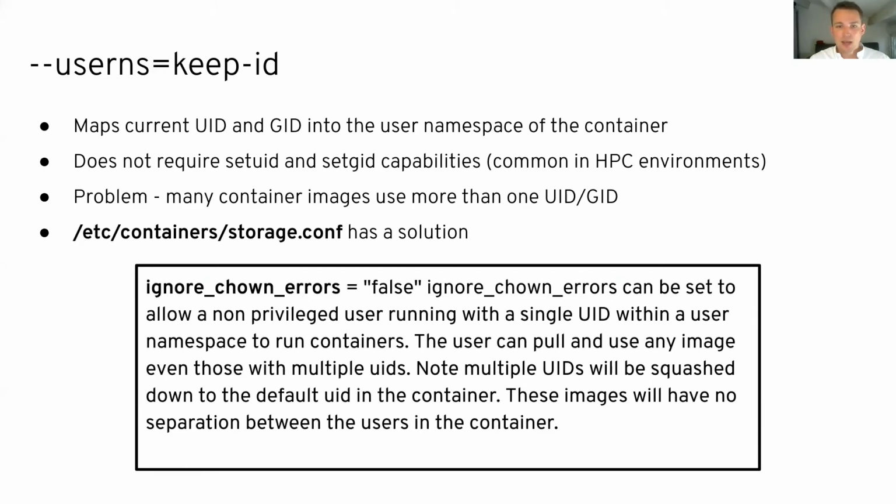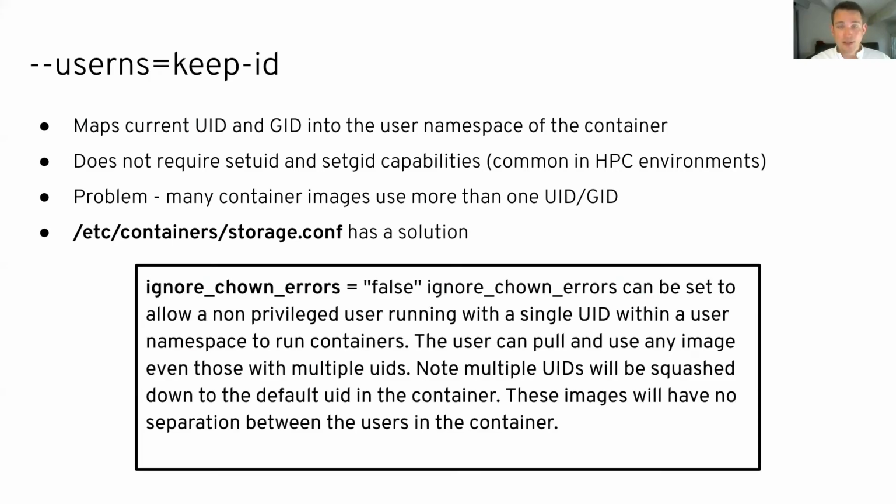Ignore chown errors can be set to allow a non-privileged user running with a single UID within a user namespace to run containers. So as we said before, we have a single UID within a namespace to run these containers, which pretty much happens when we use keep-id. The user can pull and use any image, even those with multiple UIDs. Excellent. This is exactly the problem we want to solve.